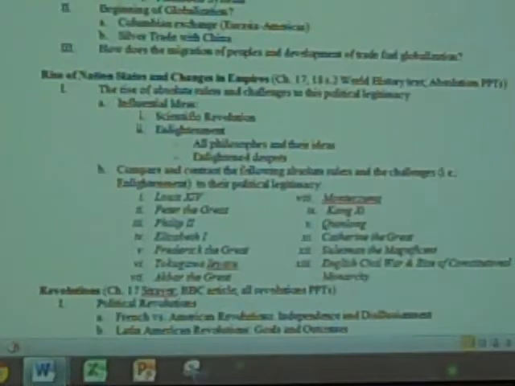Frederick the Great shows up in chapter 17, and I want to say he also shows up a little with our Enlightenment, because he was one of those enlightened despots, but he's definitely in the textbook. Tokugawa is definitely one of the class presentations, so only if your class period had a presentation on Tokugawa would you expect a question about him on your midterm.